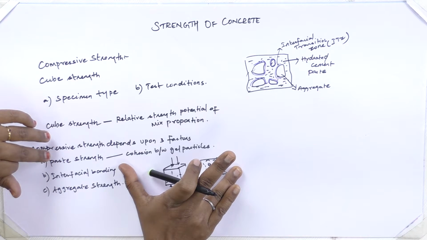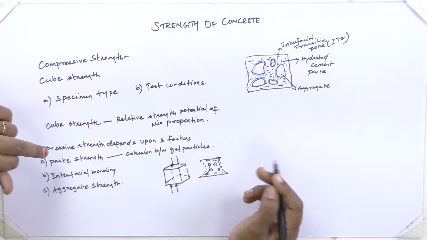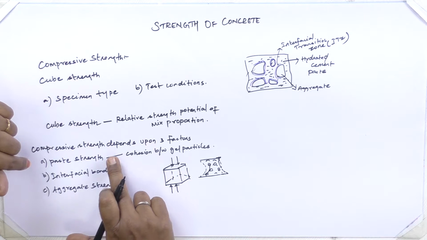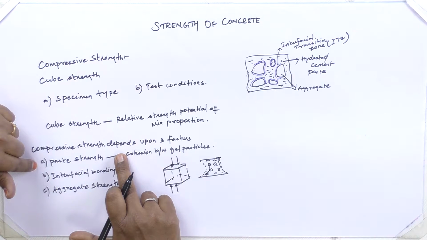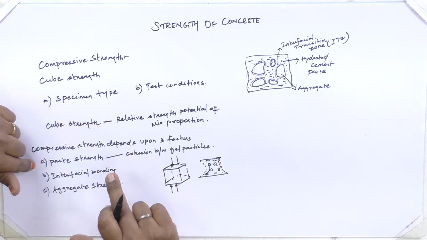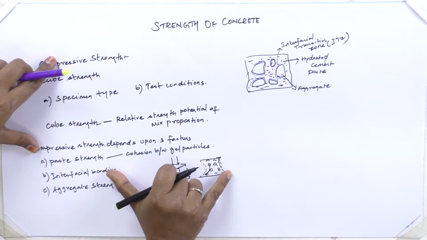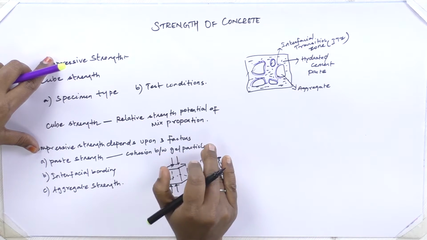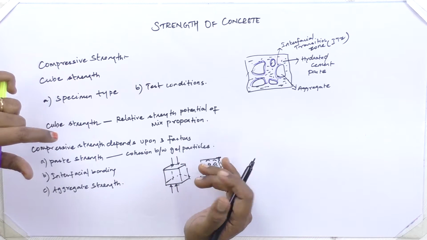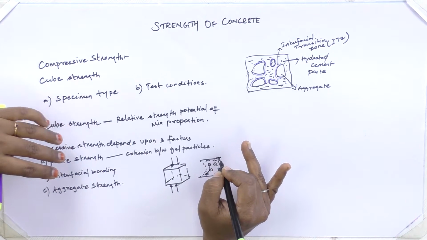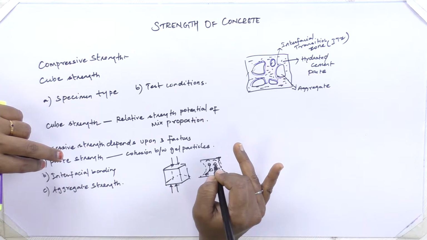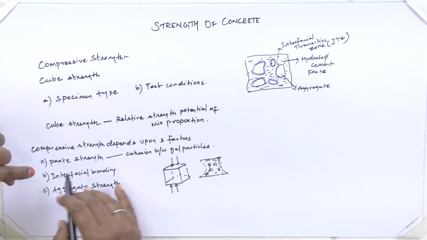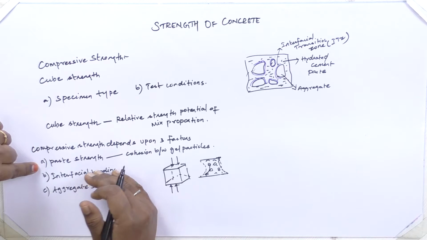This cohesion between gel particles is nothing but the van der Waals force which we discussed in the first lecture, and because of that the paste strength is being achieved. So the cohesion between the gel particles is responsible for the paste strength, and if we break the cohesion bond between the gel particles, the paste strength will be reduced.